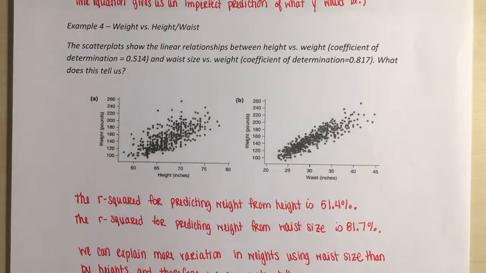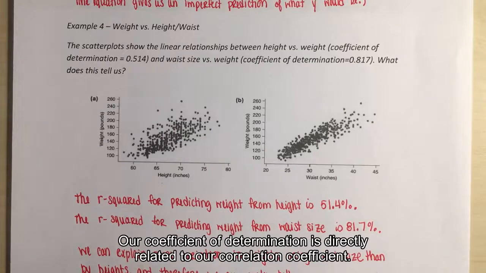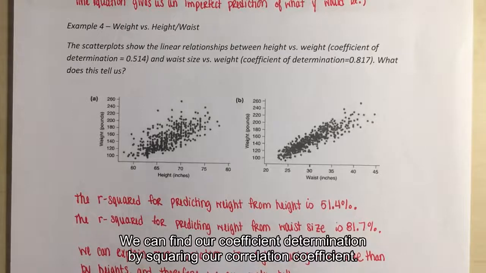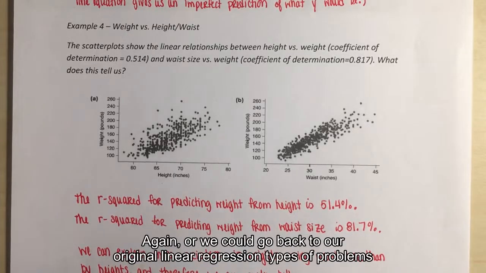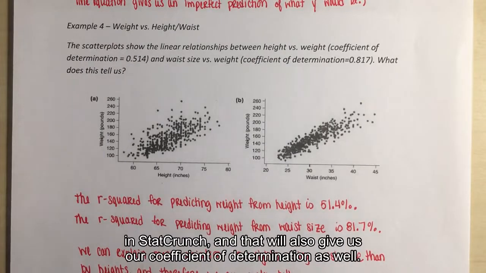Our coefficient of determination is directly related to our correlation coefficient. We can find our coefficient of determination by squaring our correlation coefficient, or we could go back to our original linear regression types of problems in StatCrunch, and that will also give us our coefficient of determination.